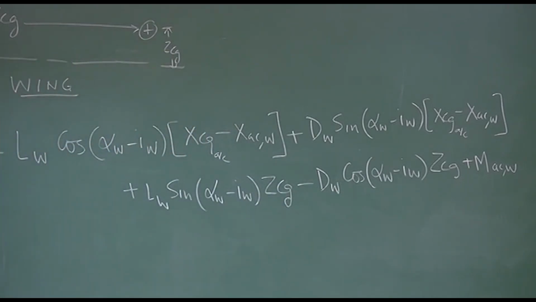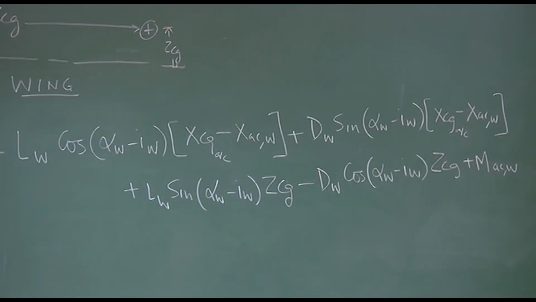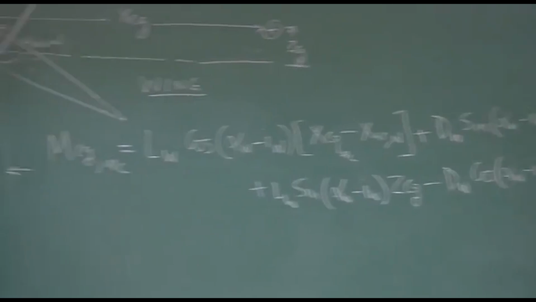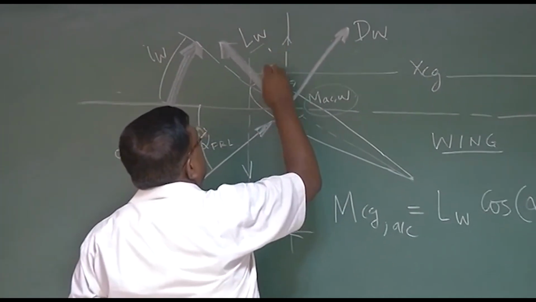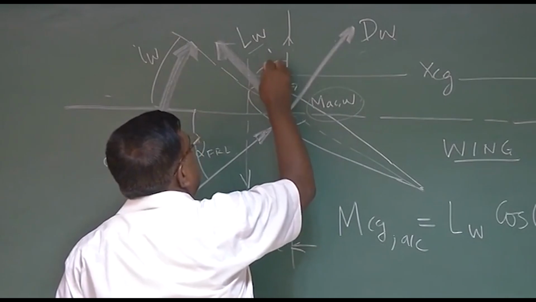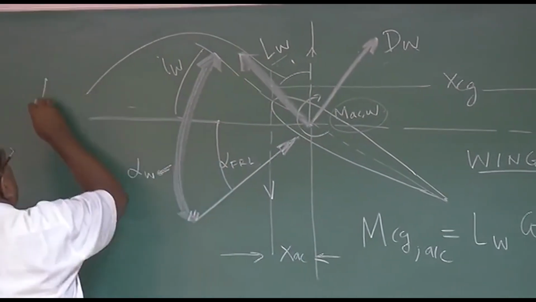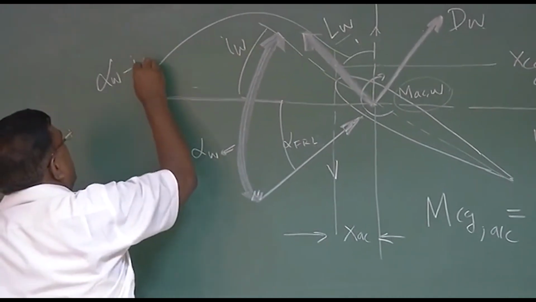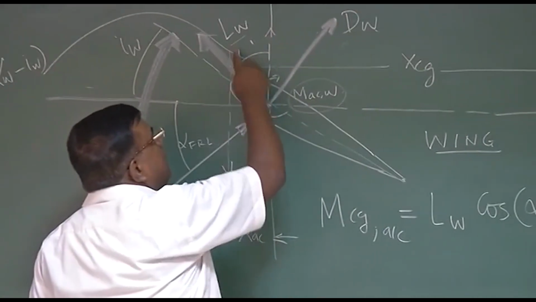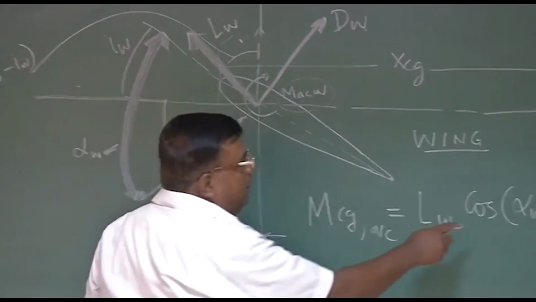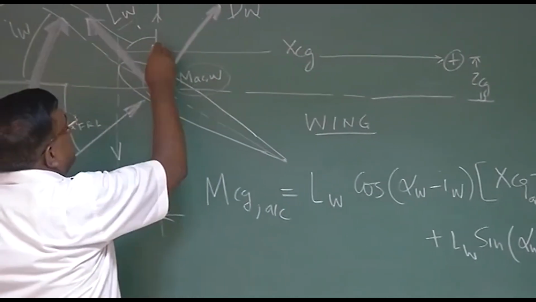Let us see one by one. This L_W I can resolve in two components. One component here, that is L_W cos of this angle. This angle you could see easily is nothing but alpha_W minus i_W. So this vertical component is L_W cos(alpha_W minus i_W), and the moment term is what?